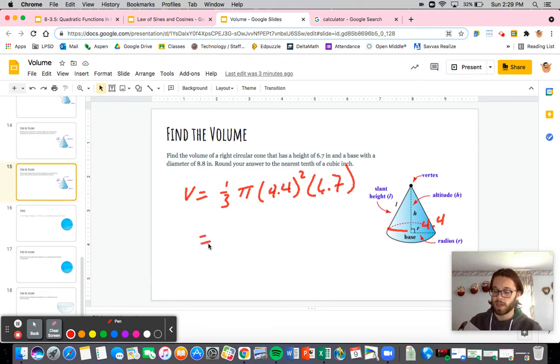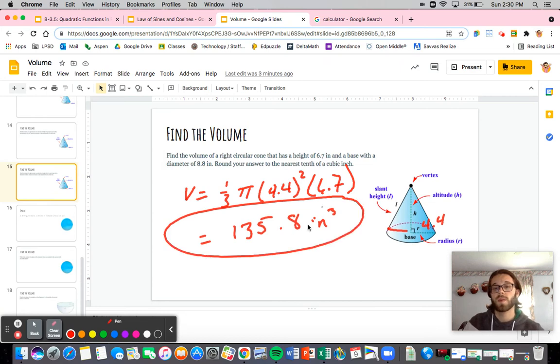So I'm going to plug that into a calculator: 1/3 pi, 4.4 squared, 6.7. When you plug that in, you get 135.8, and our unit is inches cubed.